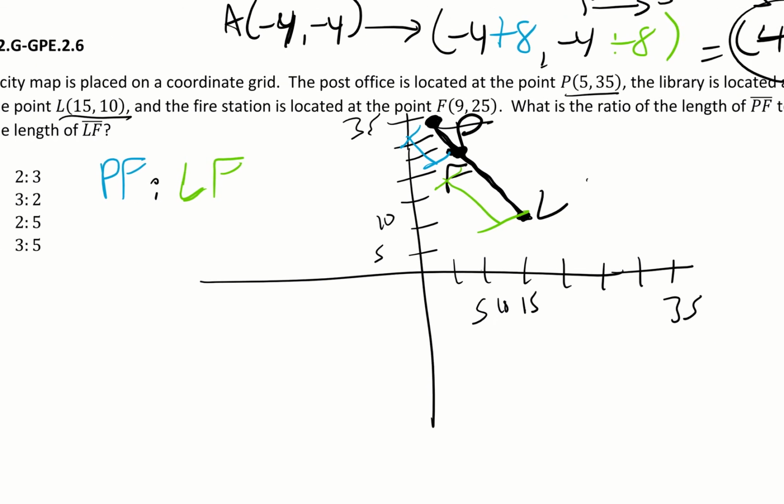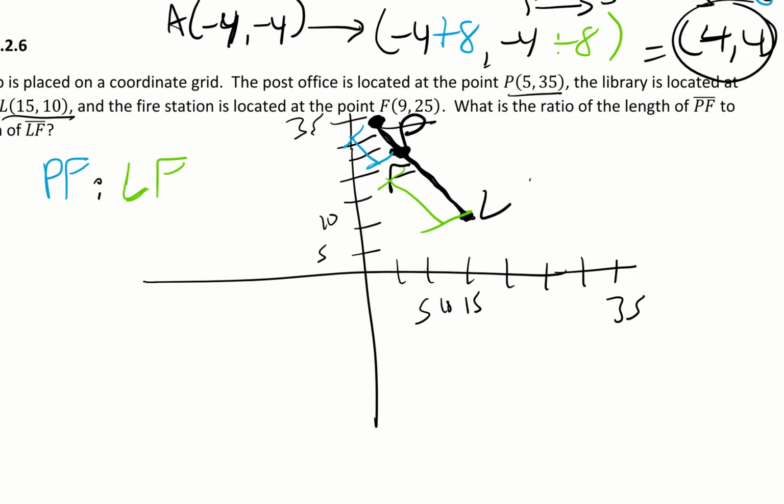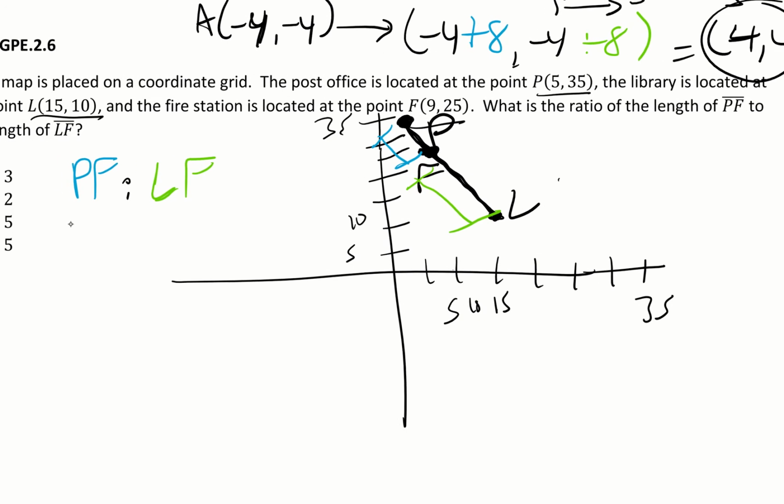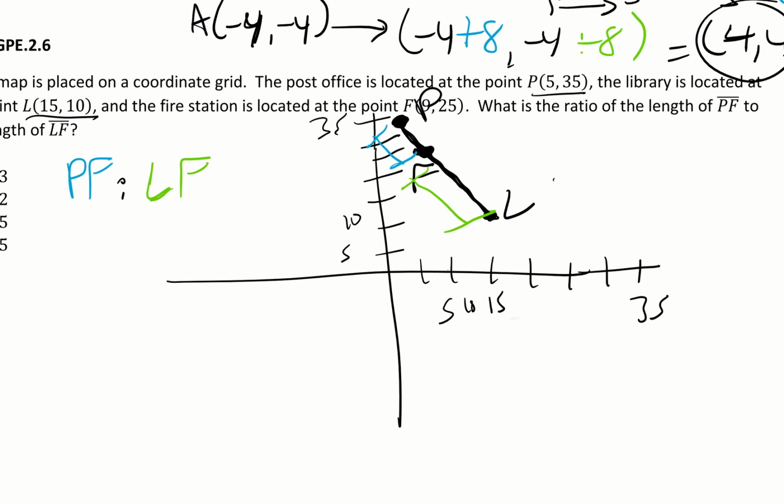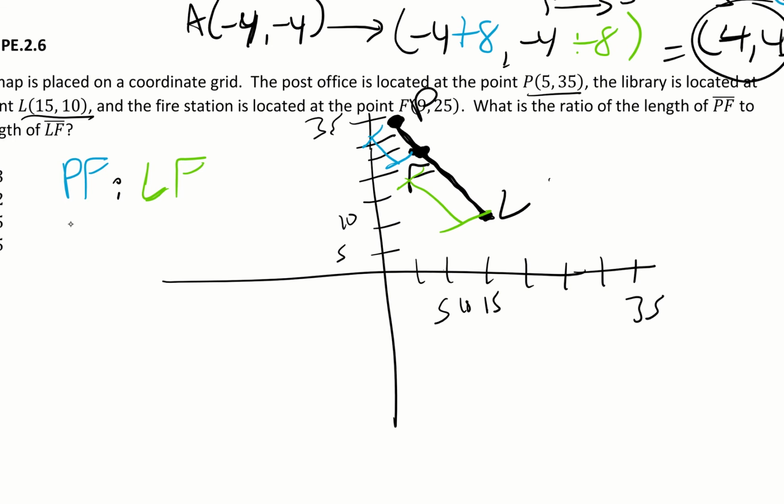All right, once we find that, then we're good. So to do that, well, this is the post office. This one was the fire. Okay, so we got to figure out the distance from P to F, and then the distance from F to L. And then once we find the distances, then we're good. We can just take the ratio.